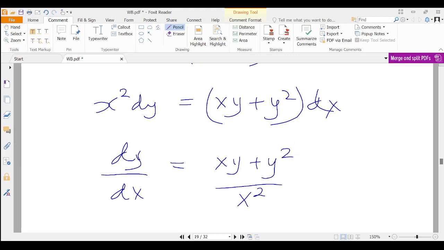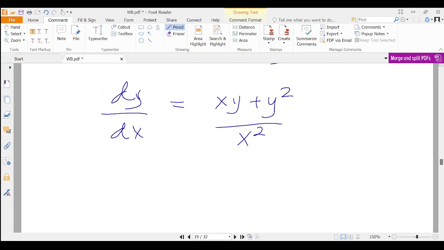You see that in all the terms we have here, both in the numerator and the denominator, all the terms are of degree 2, meaning that the differential equation is homogeneous of degree 2.